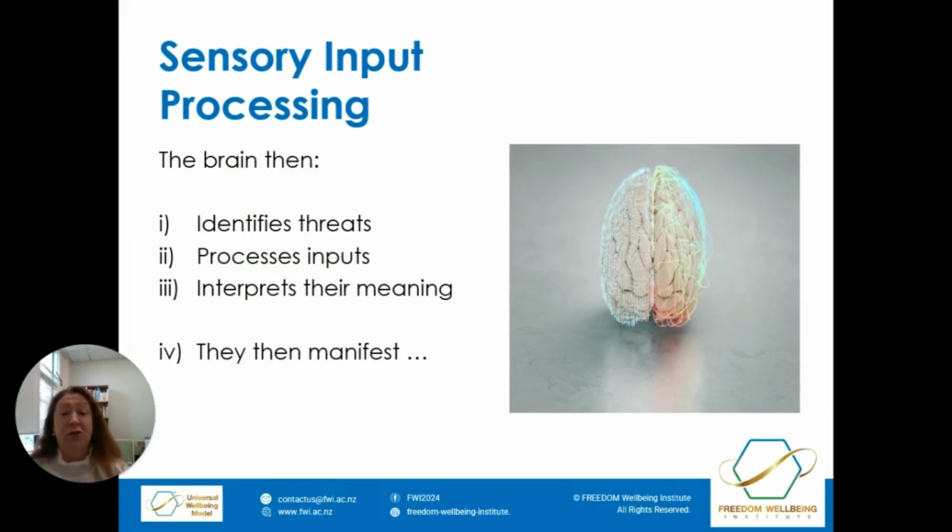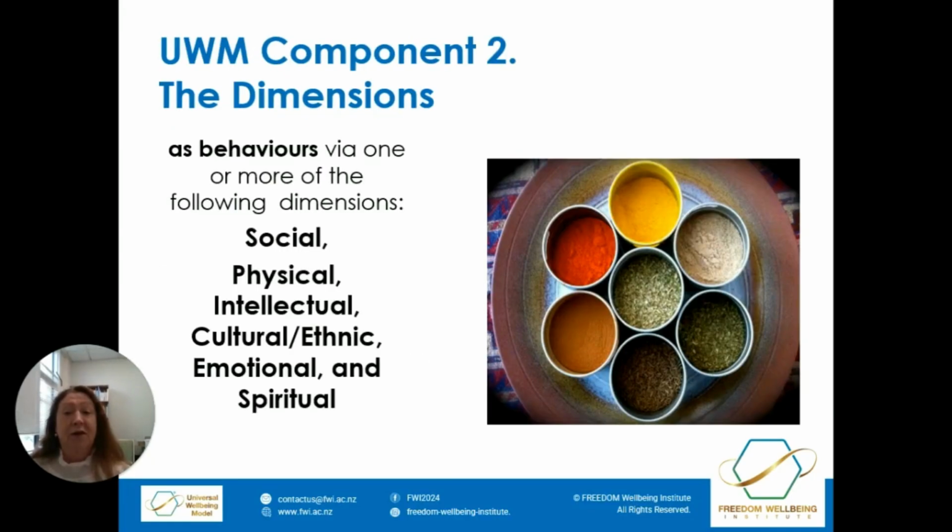If a threat is not identified, then the brain will still continue to process the sensory inputs and work out what they mean for us. And whatever meaning the brain ascribes to these sensory inputs, it manifests as behaviours. They could be social, physical, intellectual, ethnic, cultural, emotional or spiritual behaviours.